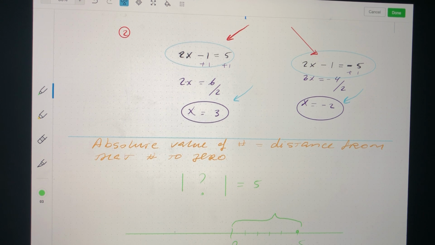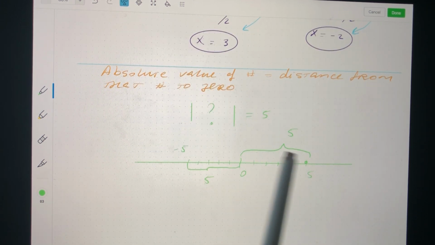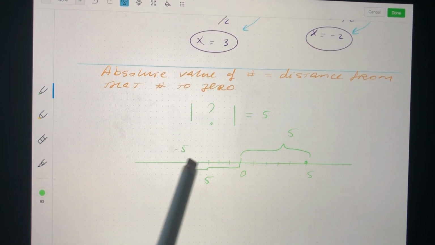So we asked ourselves, how can this distance be equal to 5? But on the other side, -1, -2, -3, -4, -5, this distance also happens to be 5 units from 0, because the distance is always a positive quantity. So whether the units are to the right or to the left, the distance is regardless equal to +5.